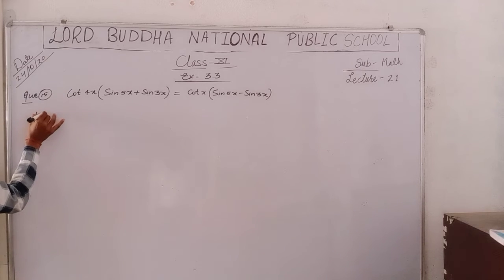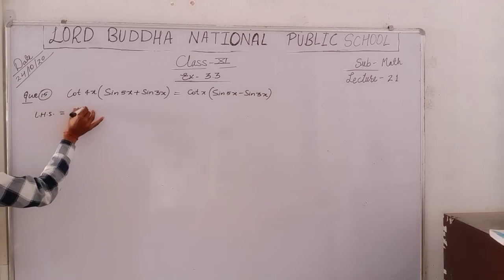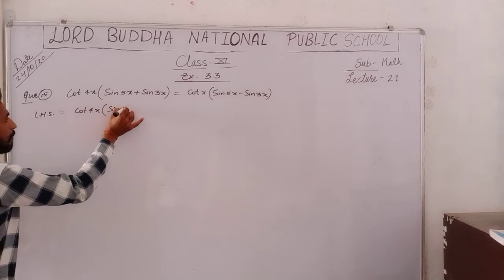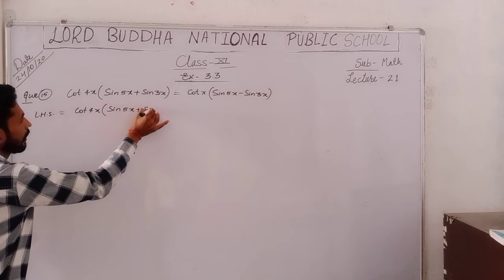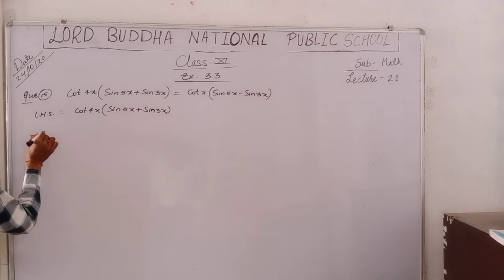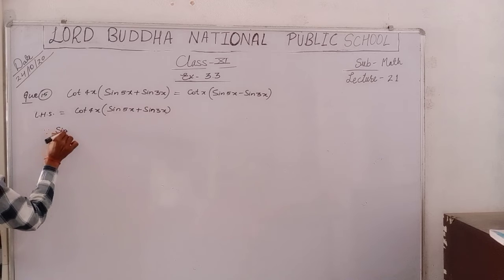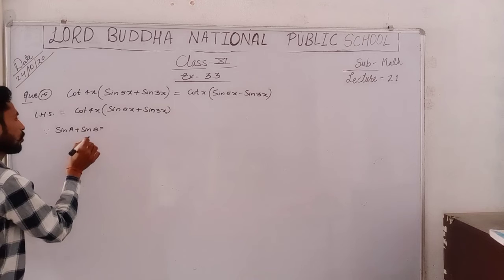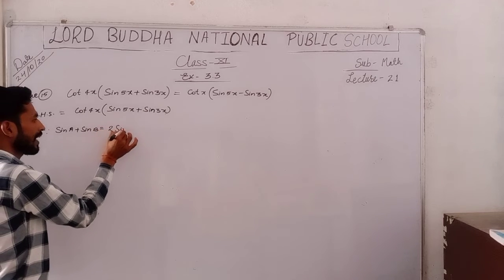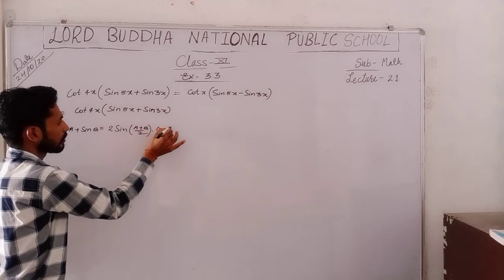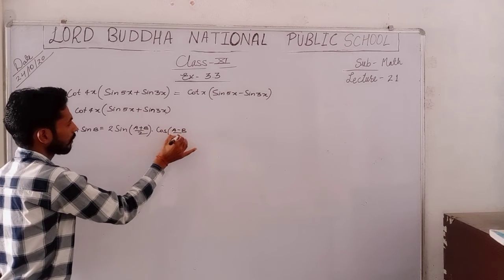So first we will take the left hand side, that is cot 4x into sin 5x plus sin 3x. We know the formula of sin A plus sin B, that is 2 sin (A plus B) divided by 2 into cos (A minus B) divided by 2.